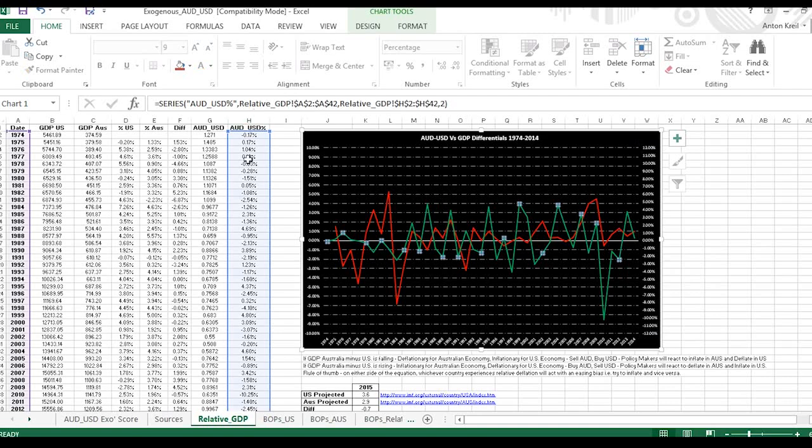So the green line, with data coming from column H. And you can see there's a pretty strong relationship between the two historically.